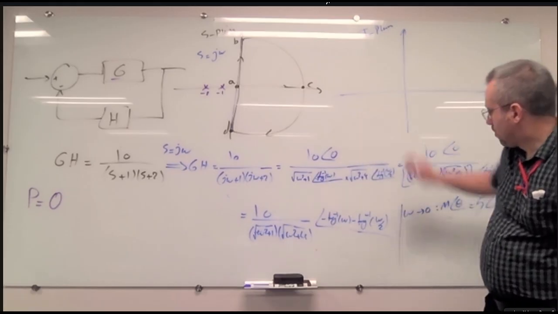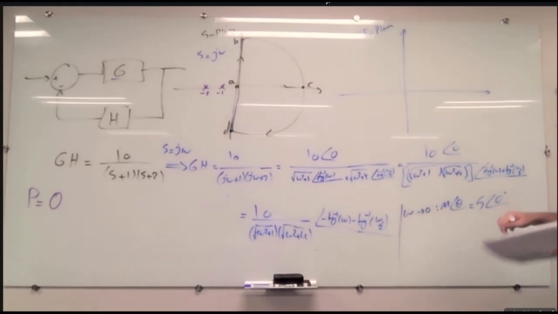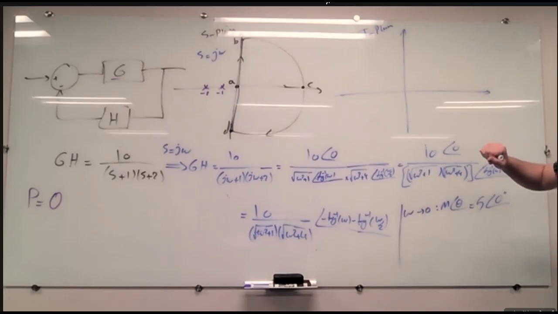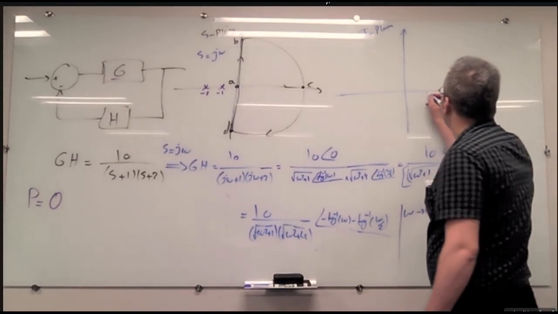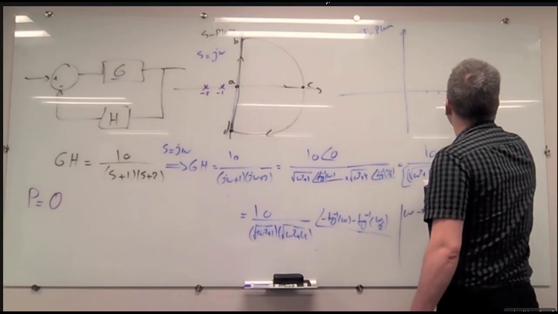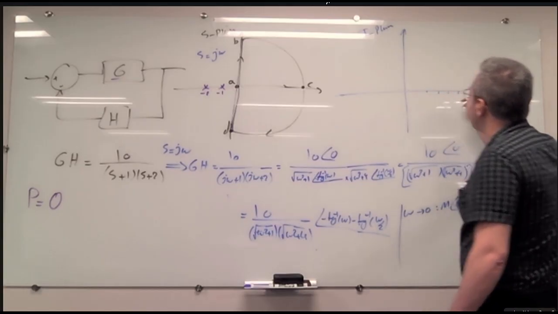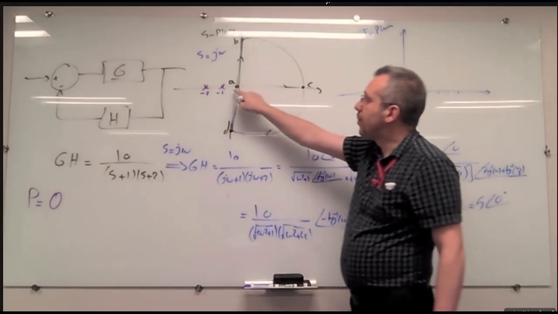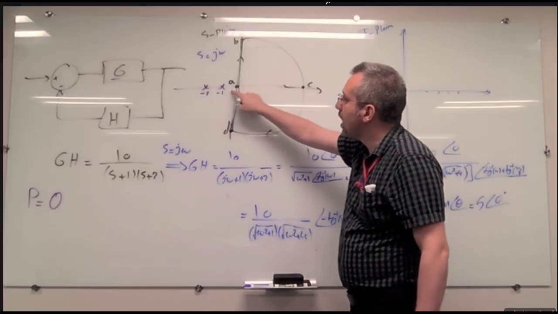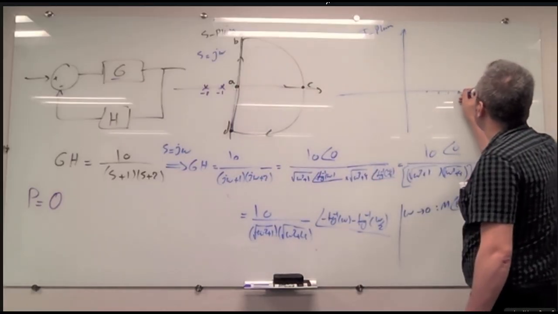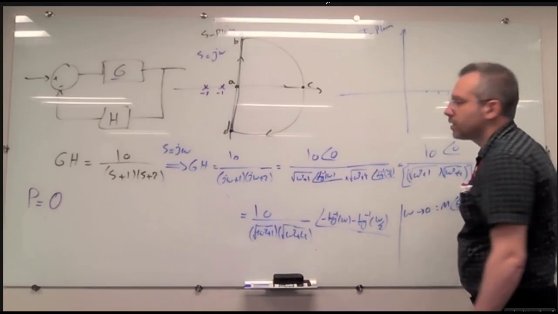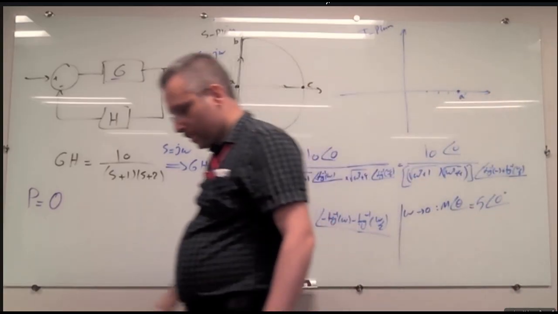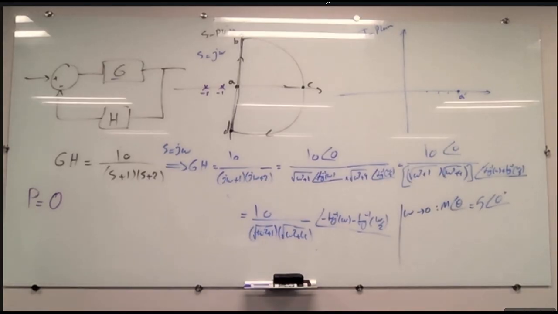So 5 with a 0 degree. Where is it going to happen in the t domain? 1, 2, 3, 4, 5. And we have 0 degree, so it would happen on the real axis. So mapping A to the t-plane would end up here. Let's call it A prime. Are we good?